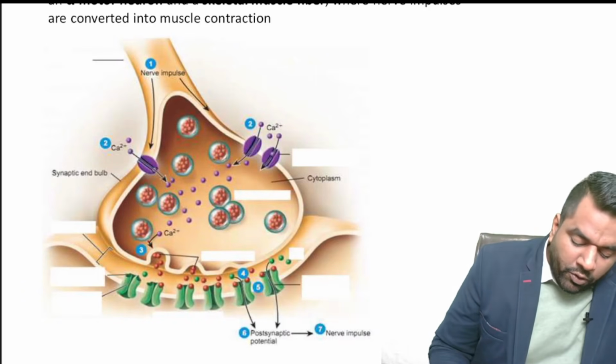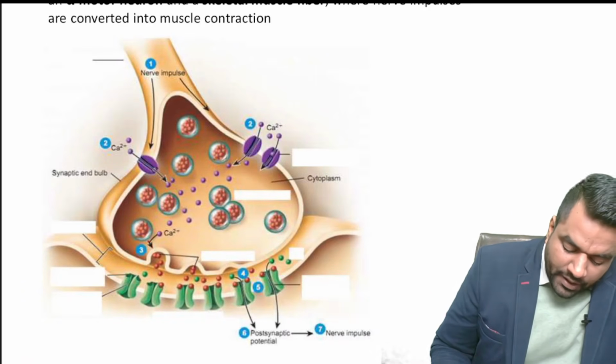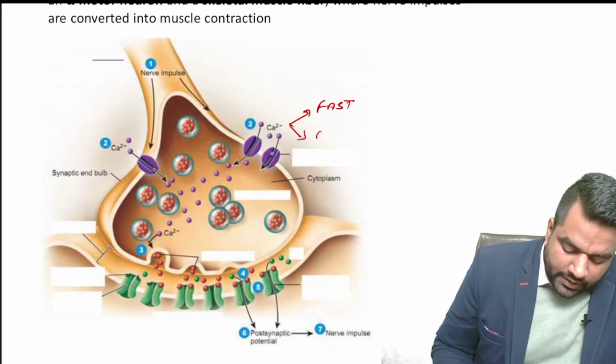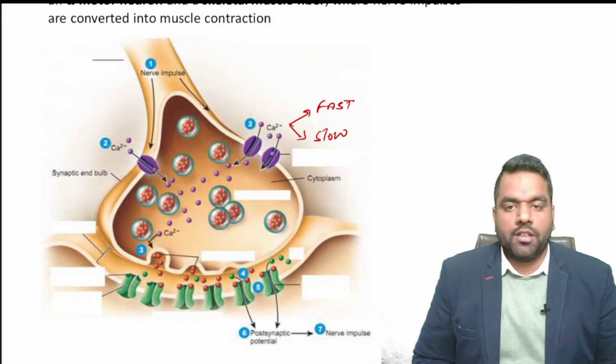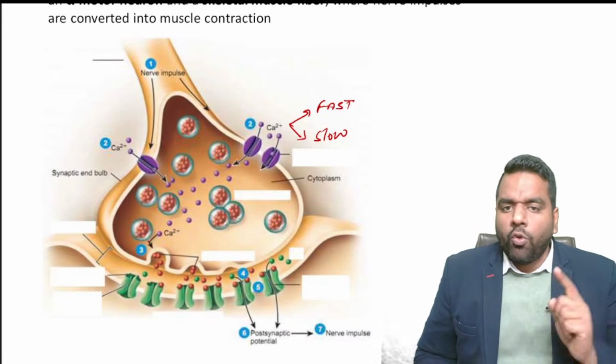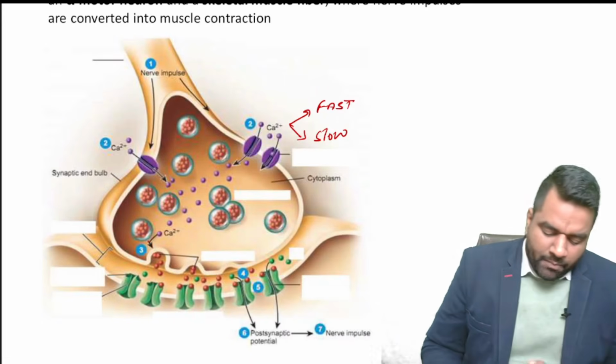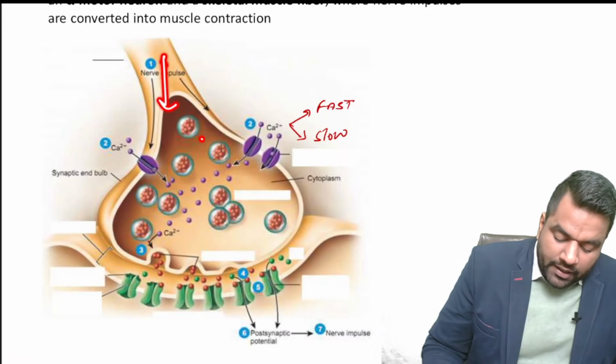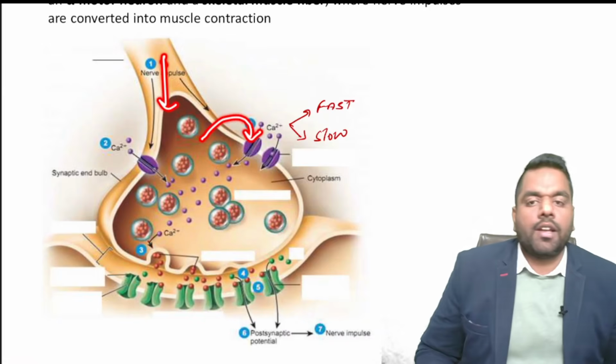There are two types of voltage gated calcium channels: number one, fast calcium channel and another one, slow calcium channel. So two types of calcium channel are there, fast and slow. Please pay attention. Whenever the action potential comes, it leads to opening of both calcium channels.